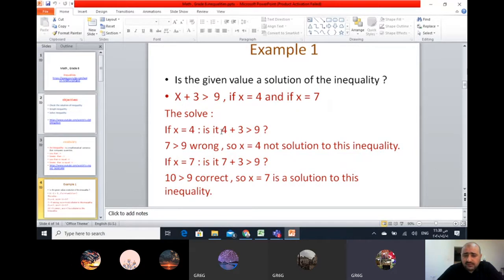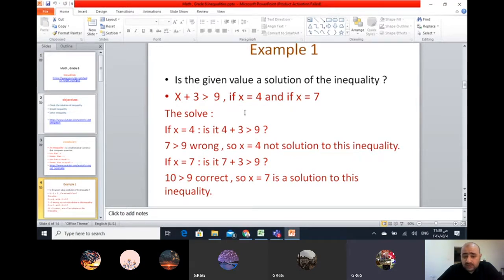That means, is 4 plus 3 greater than 9? I don't know at this moment, so put a question mark here. Then I can check. 4 plus 3 equals 7. Now we have 7 greater than 9. Logically, this is wrong. 7 is not greater than 9. 7 is less than 9. So that means this inequality is wrong.